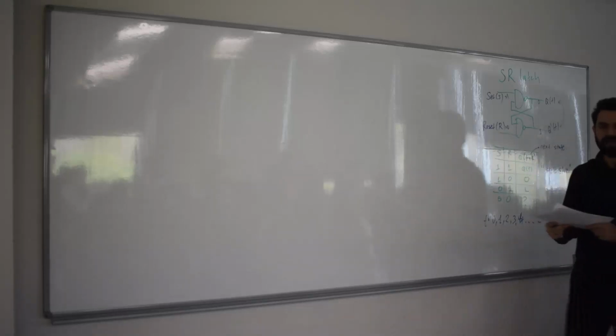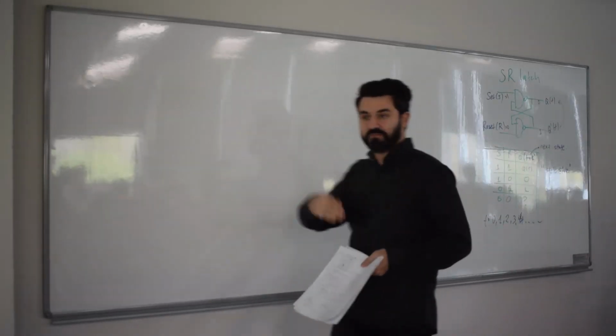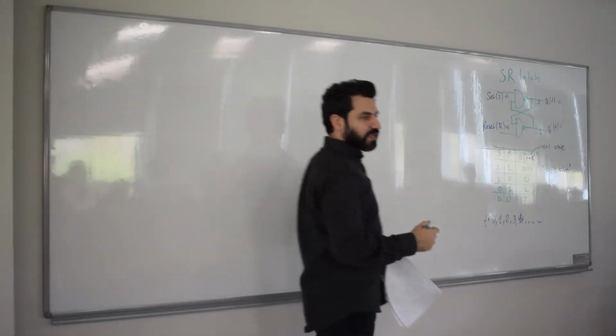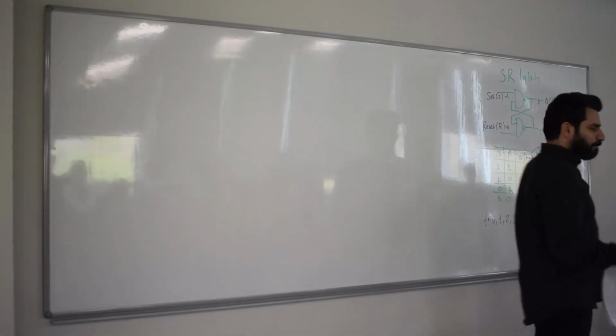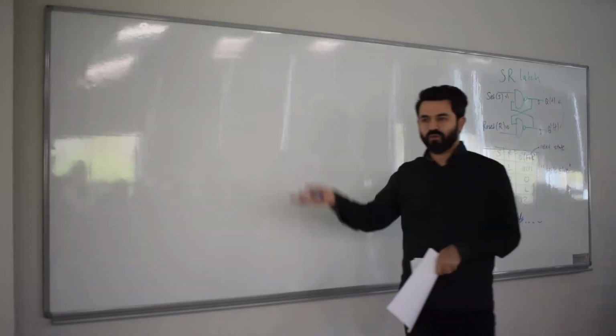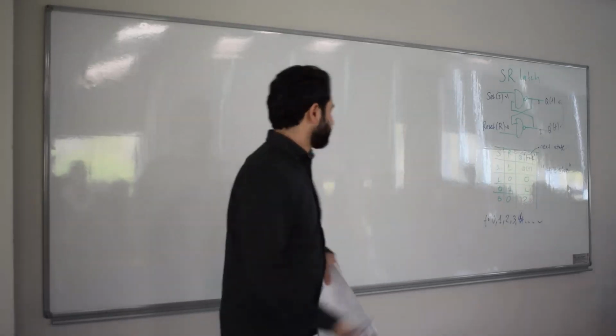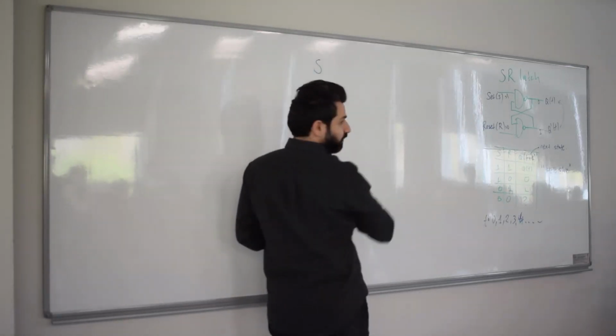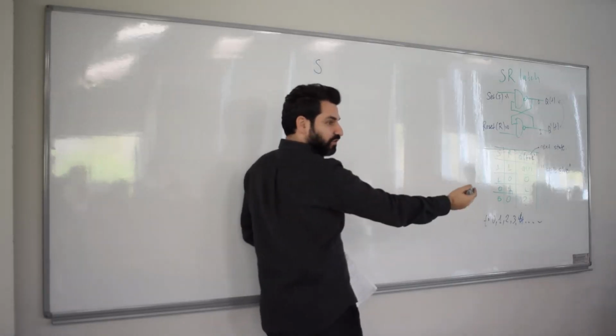All right? Let me show you one example of this in a timing diagram. Let me show you a sample question that you may face in the exam, in the homeworks, or in the quizzes. So I may give you the S value. It's going to be a function of time, of course.